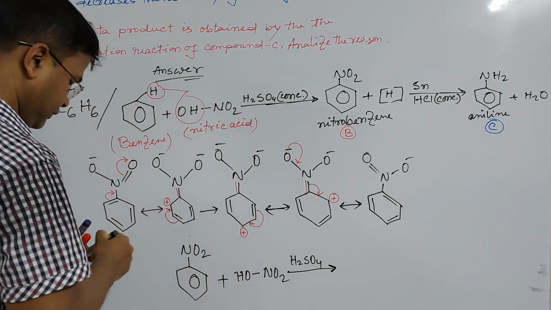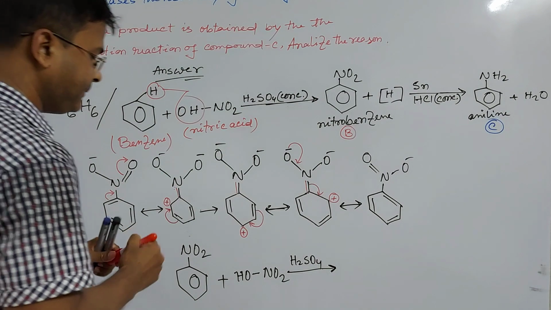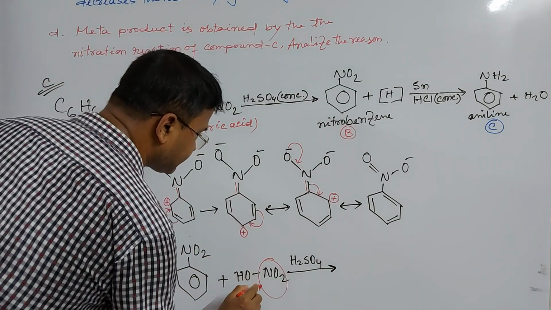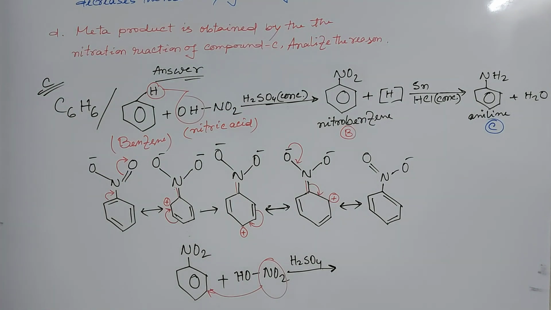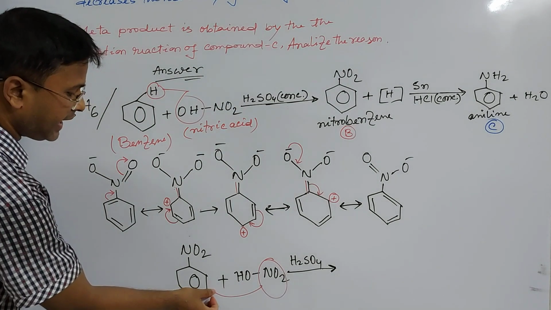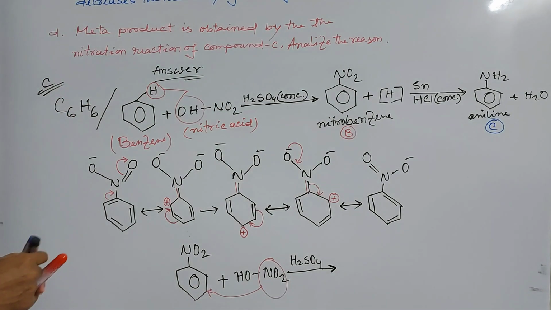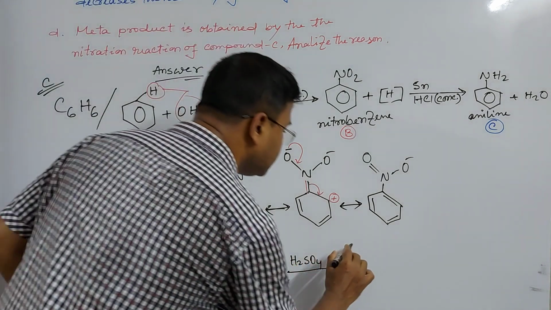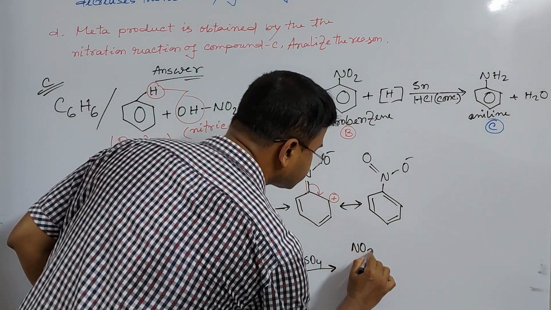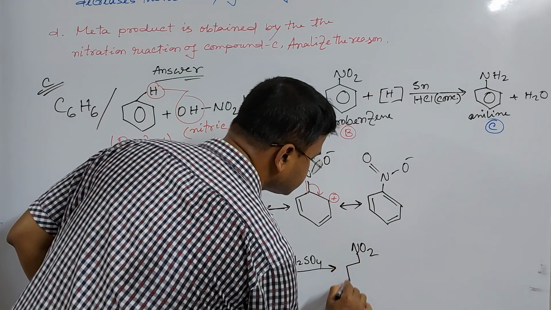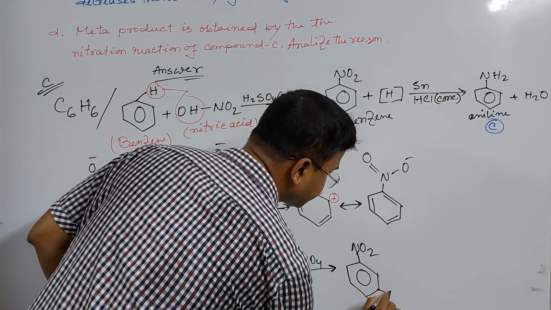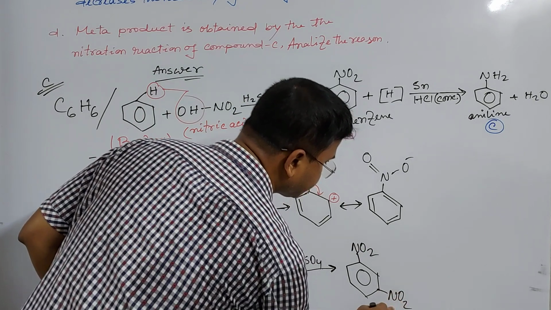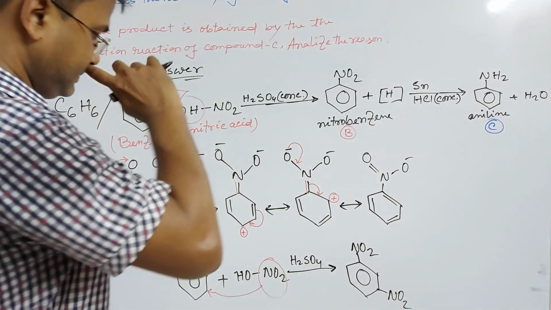This nitro group actually combines in the meta position because of the high electron density in the meta position. So what will be the product? The product will be meta-dinitrobenzene.